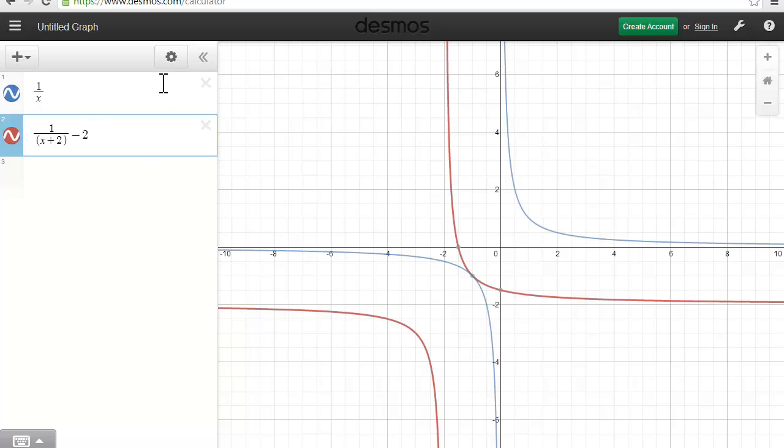So there's a few things you can do. This website is www.desmos.com/calculator, but you can find many different calculators to help you get a sense of how these graphs change according to how the formula is changed.